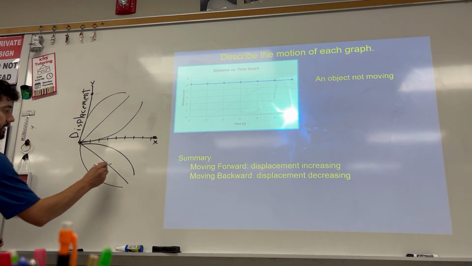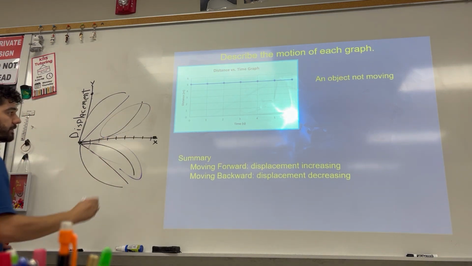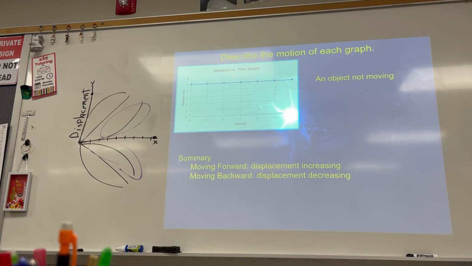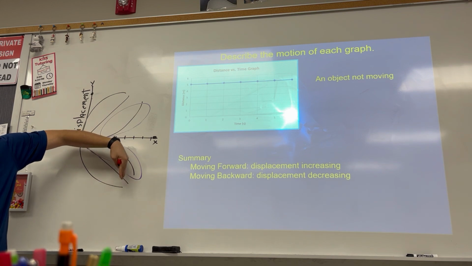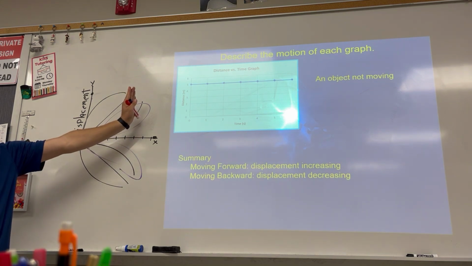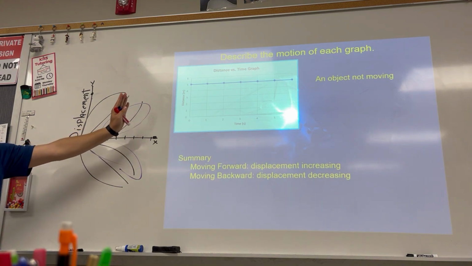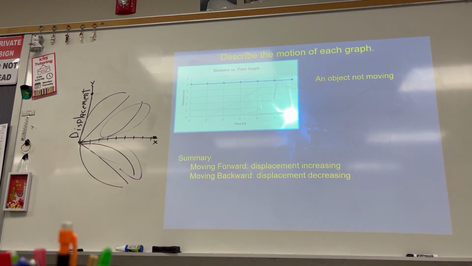We're looking at this graph and this graph. They both curve, they're going opposite directions, but what are they both doing? Curving away from the x-axis.